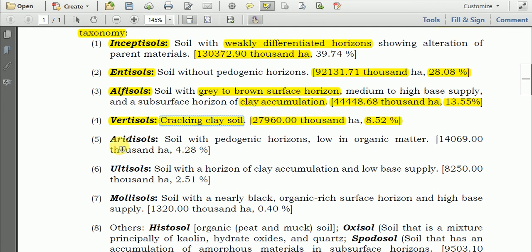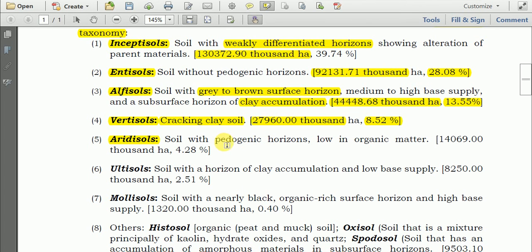So next we have Inceptisols. Soil with pedogenic horizons, so it has layers, it has horizons. Pedogenic means actually origin of the soil.